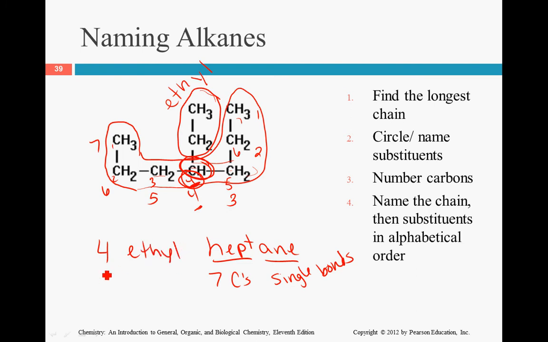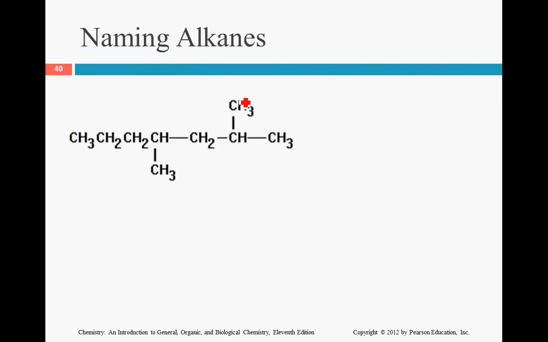The substituents go before the chain name. So, on the 4th carbon, 1, 2, 3, 4, there's an ethyl group on the main chain of heptane. Okay, we're going to do a lot more of these because it's going to take some practice.